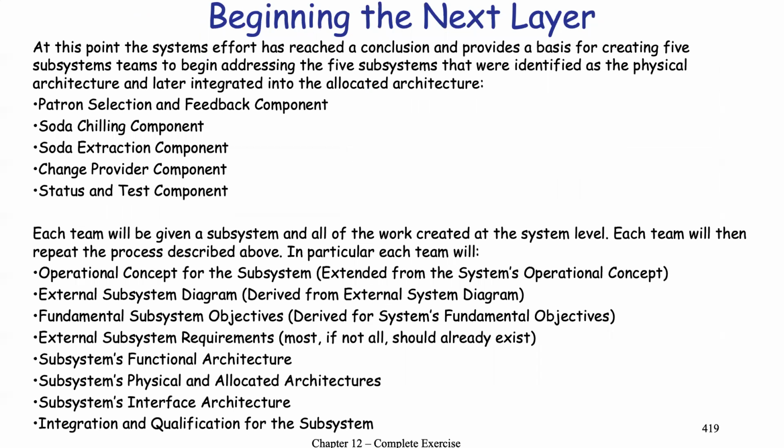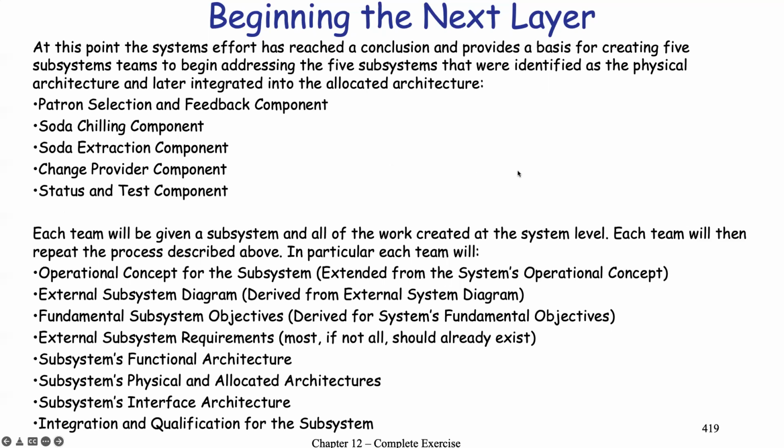At this point, the systems effort has reached a conclusion and provides a basis for creating 5 subsystem teams to begin addressing the 5 subsystems identified in the physical architecture and later integrated into the allocated architecture: patron selection and feedback, chilling, soda extraction, change provider, and status and test. Each team will be given a subsystem and all the work created at the system level.